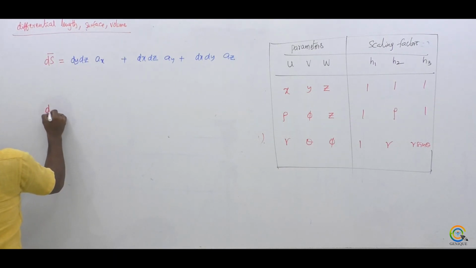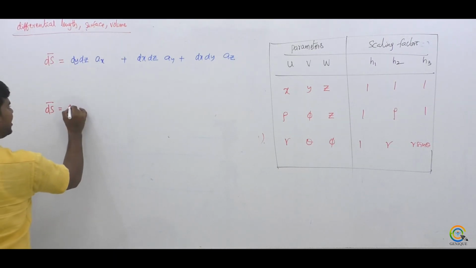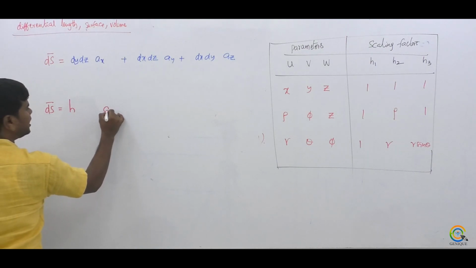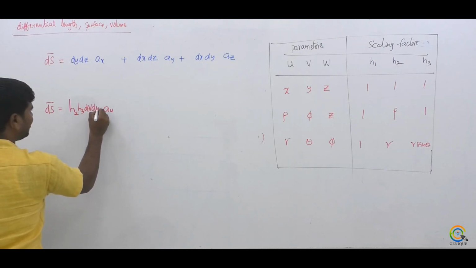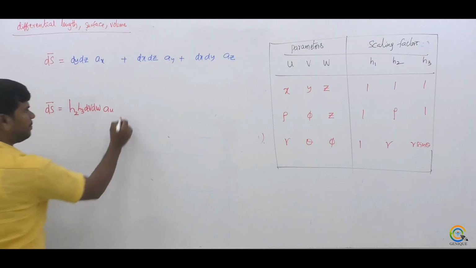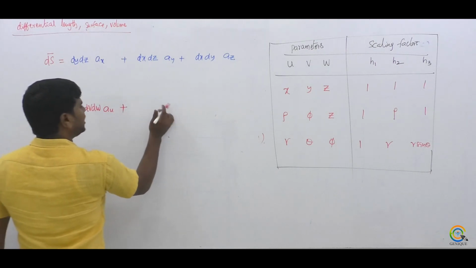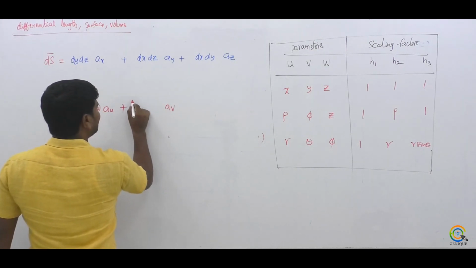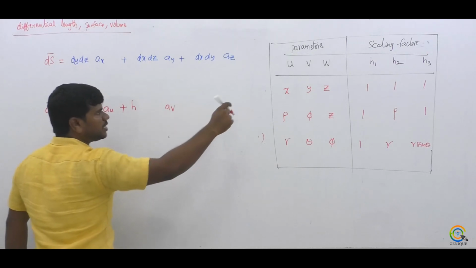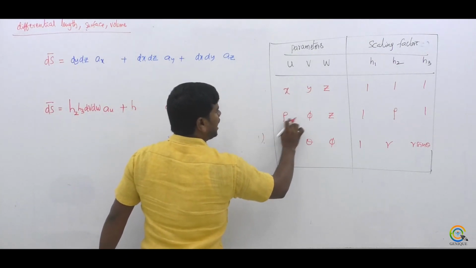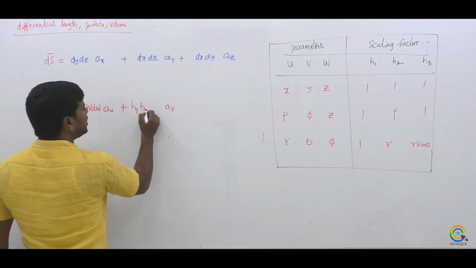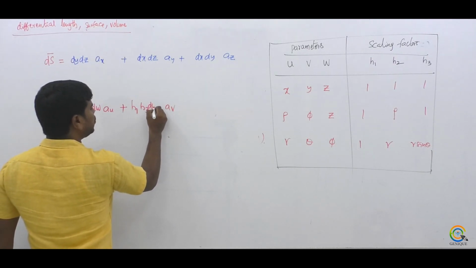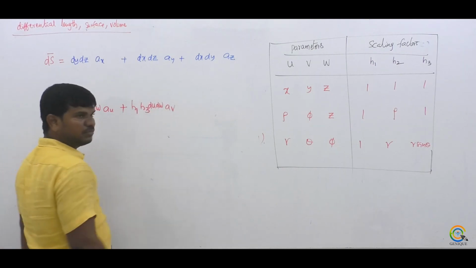ds in the generalized form can be written as, in the direction of au, h2 h3 dv dw au, plus in the direction of av, I have to write the remaining two, h1 and h3, du and dw.